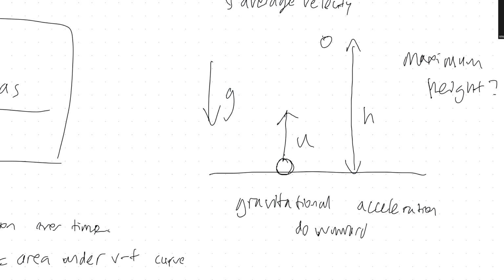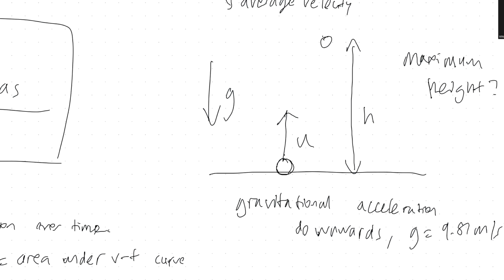This is the acceleration that every single object on Earth has downwards at the surface of the Earth. And its magnitude is, of course, 9.81 meters per second. Sorry, meters per second squared.